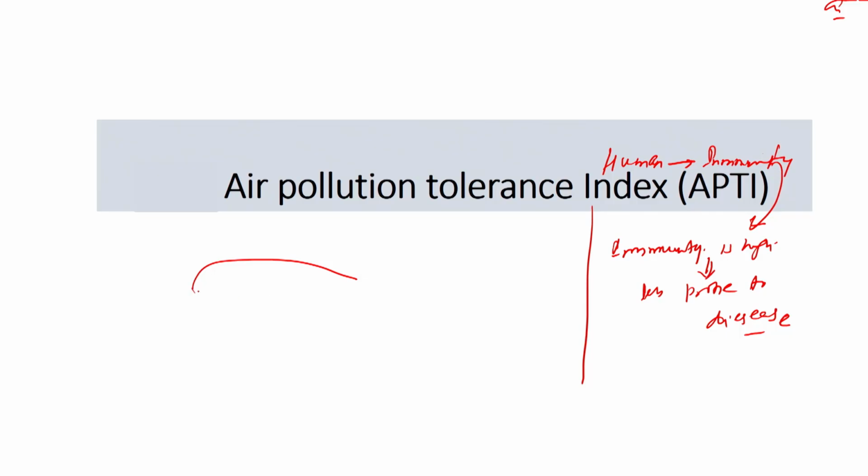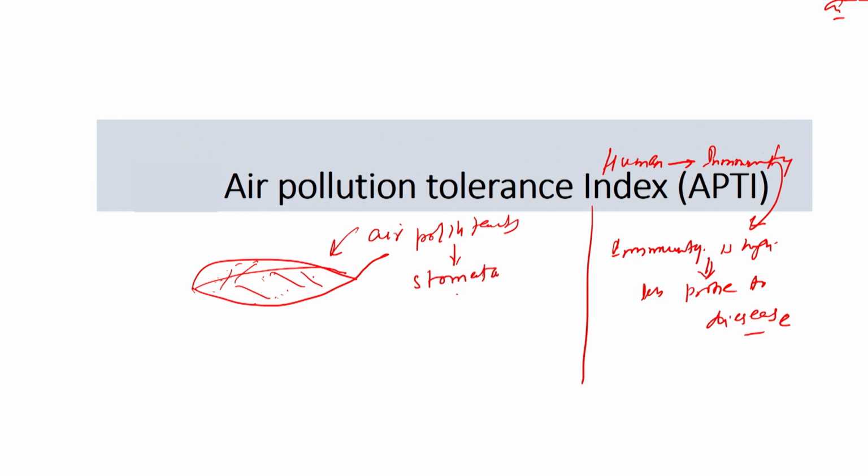In the previous lectures we discussed that if this is a leaf, you have something like stomata and other things in it. Then you have air pollutants. Where will the air pollutants go first? They will enter into the stomata.